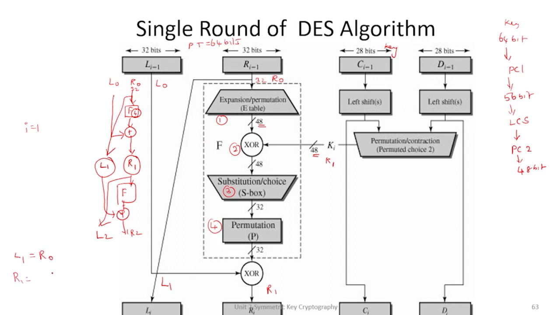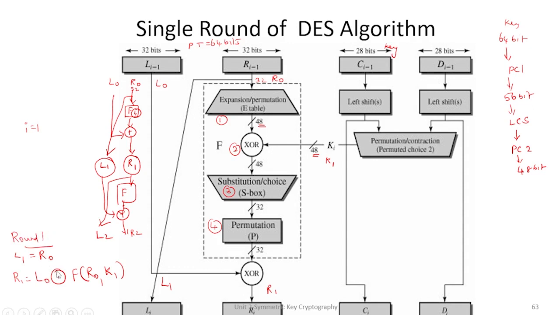R1 is the L0 value XORed with your round function. For the round function you are taking the R0 value and the K1 value. So this is for round 1. After round 1, the answer is like that.